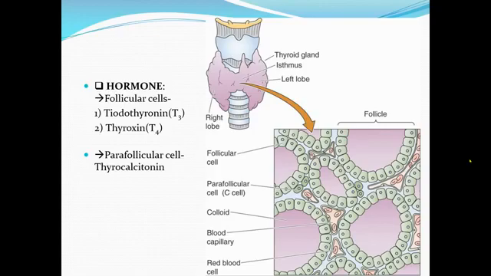Other endocrine glands directly pour their hormones into the blood, but the thyroid gland can store its hormone and release it as and when required. That is very important.